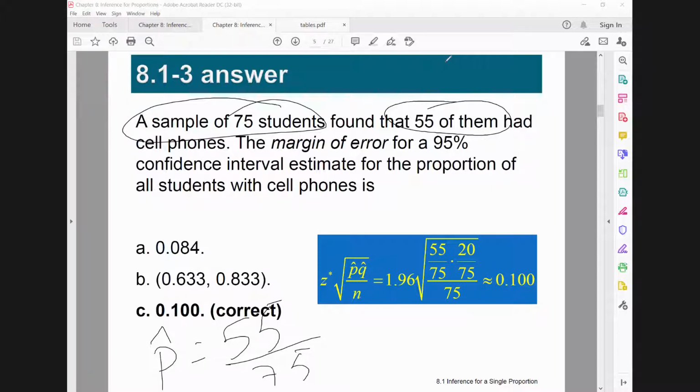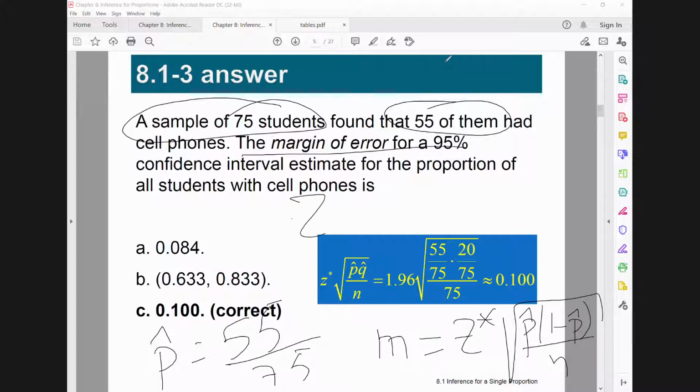The margin of error, which is M, is equal to what? Z star. Okay. Z star we always find from the confidence level, times the formula square root of P hat 1 minus P hat over N. Of course we have all the requested values, because Z star when it's 95% is equal to 1.96. We have P hat and 1 minus P hat, which some books call Q hat.